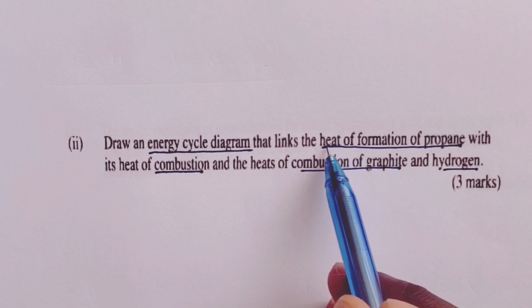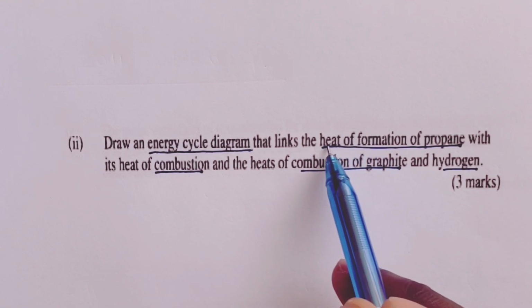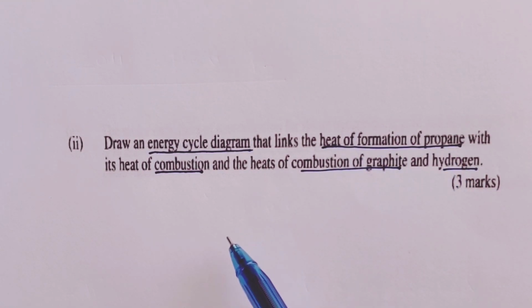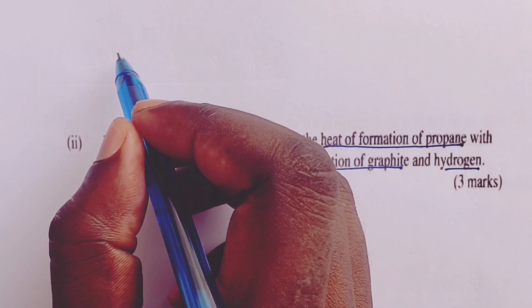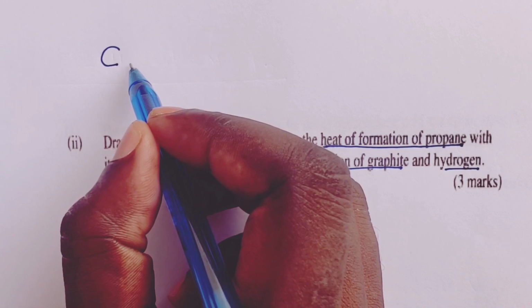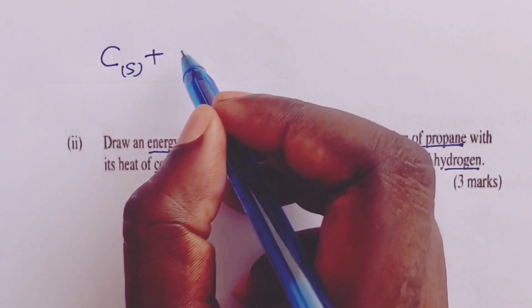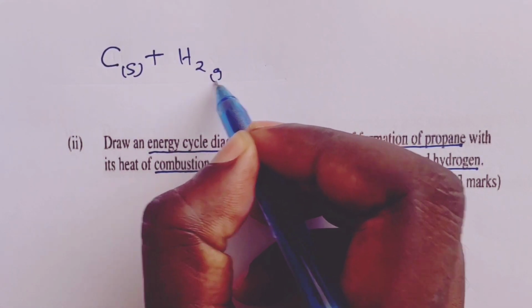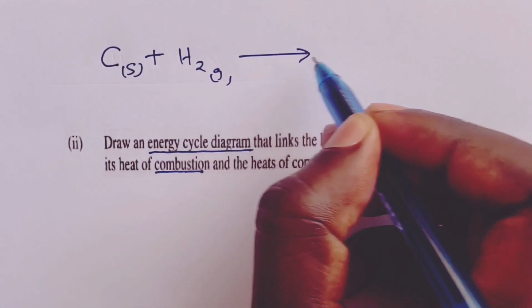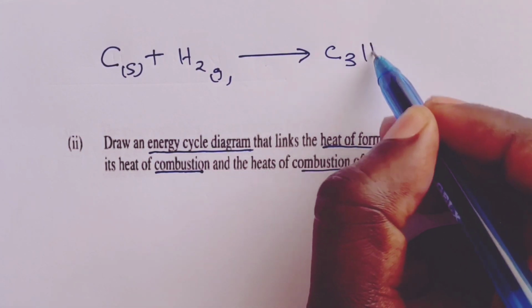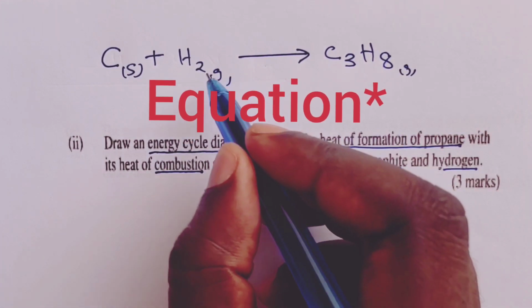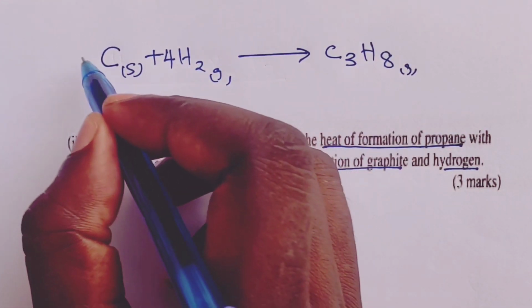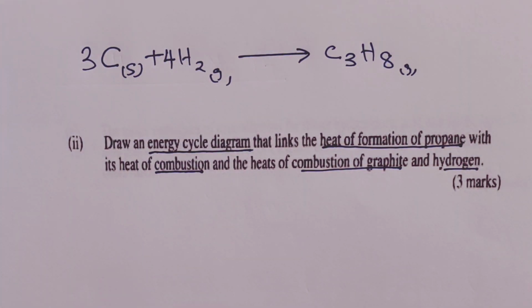We begin with the first one, which is heat of formation of propane. We have just written it on the other question. So for us to form propane, we need to react carbon and hydrogen to give us propane. We would balance with a 4 on hydrogen and a 3 on carbon.